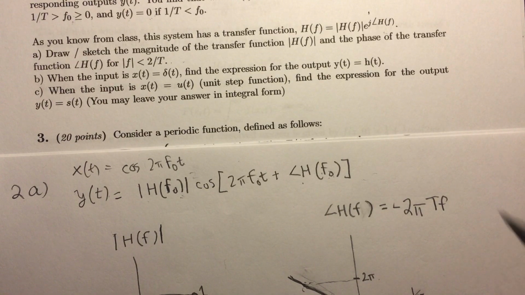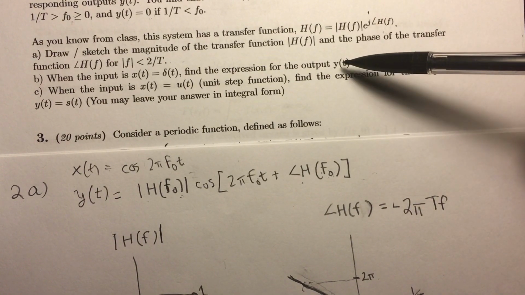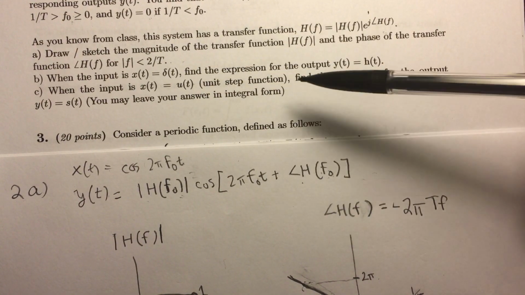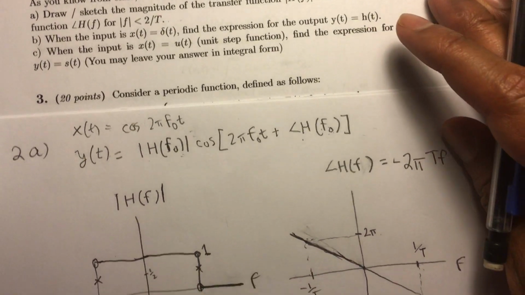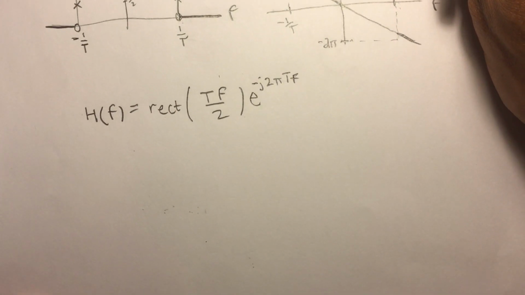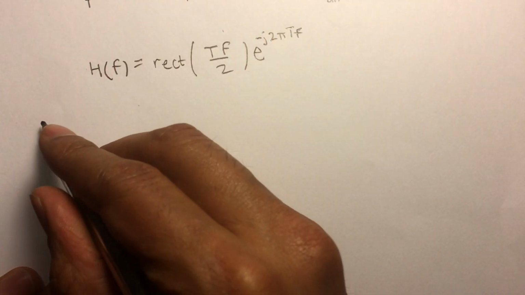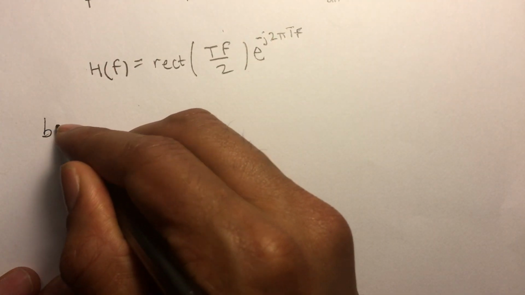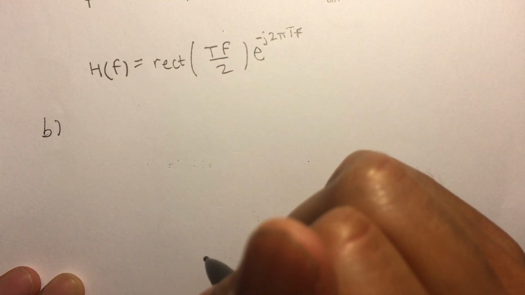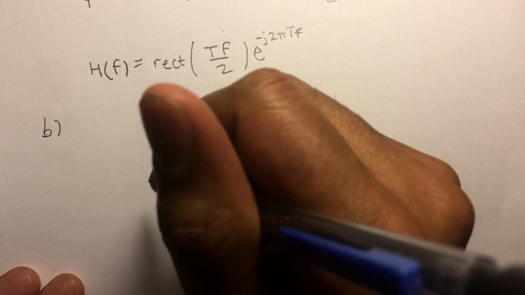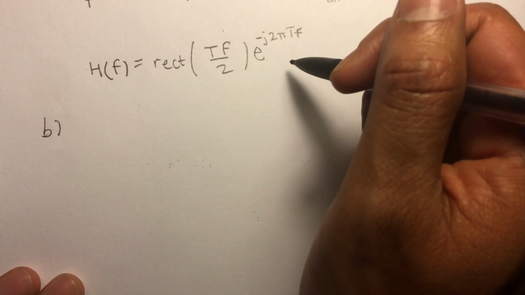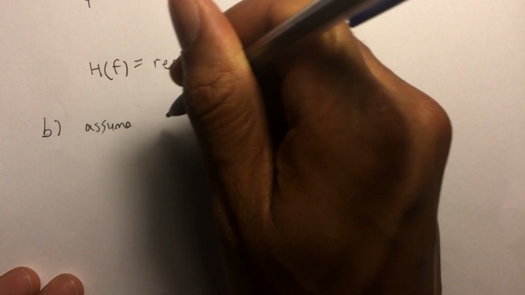Okay, so part B says when the input is a delta function, what is the output? Well, we know that the output is given by the impulse response, which is the inverse Fourier transform of the transfer function. And let's assume t is greater than 0, because I don't want to carry around magnitudes.